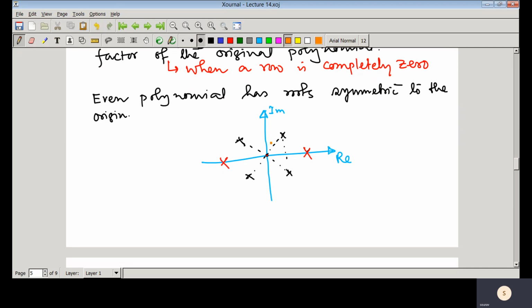If you have one root here, then symmetric to the origin means you would have another root here. So this is the property of an even polynomial. That means all roots are symmetric to the origin. So now what happens here?